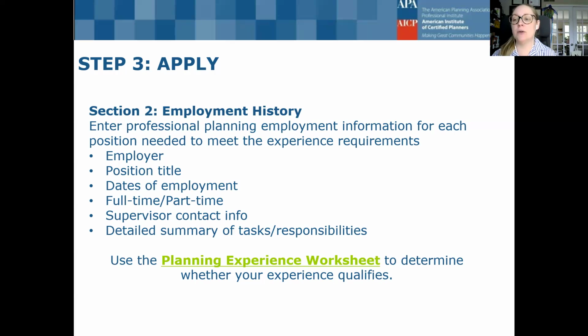So things that generally do not qualify as professional planning experience include work at a pre-professional level. So internships, co-ops, if they count in any way towards course completion, like if you got a grade or it's some kind of requirement or like capstone class, it doesn't count as professional experience.